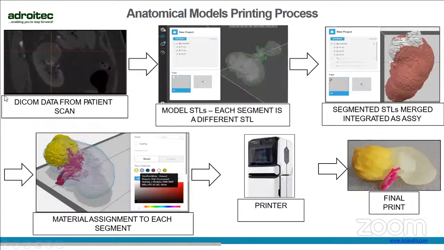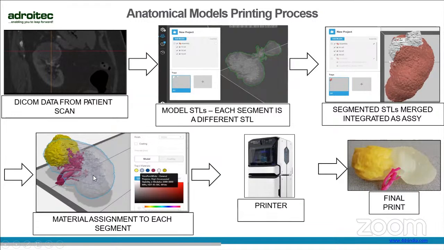Here you can see the DICOM data from the patient, which we have taken through CT scan. From the CT scan, we have done image processing and segmentation. After that, we have transferred the design file into slicing software. In that slicing software, we are adding all the color for tumor tissues, color segmentation, and textures, how the texture should be.